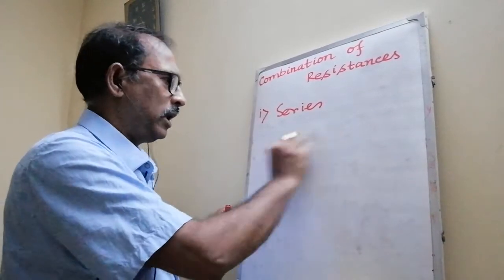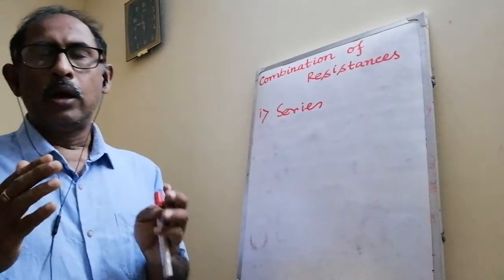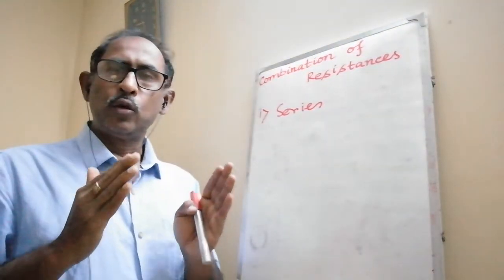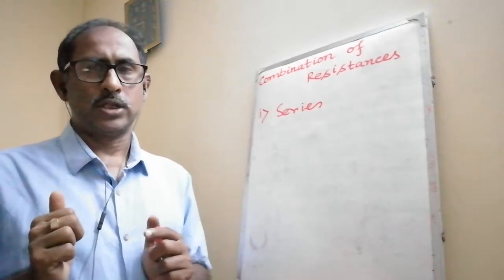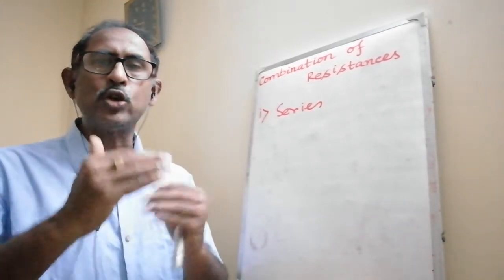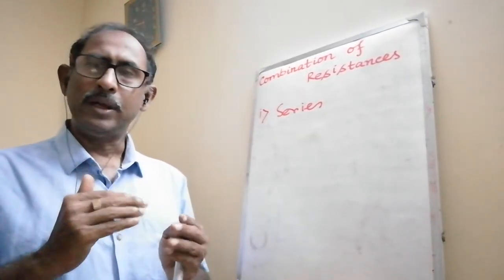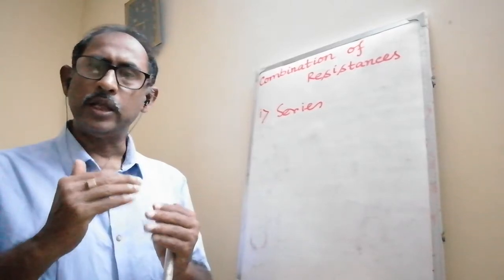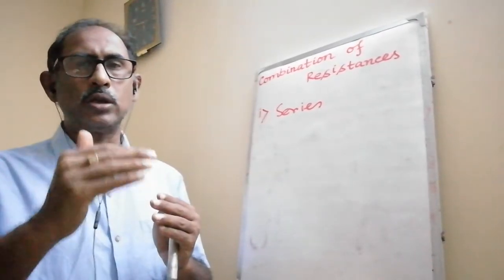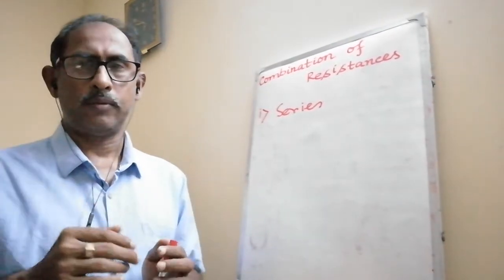What do you mean by series combination? Here, two or more resistors are connected end to end. That means the first resistor is connected with the second resistor, which is connected with the third resistor, and so on.